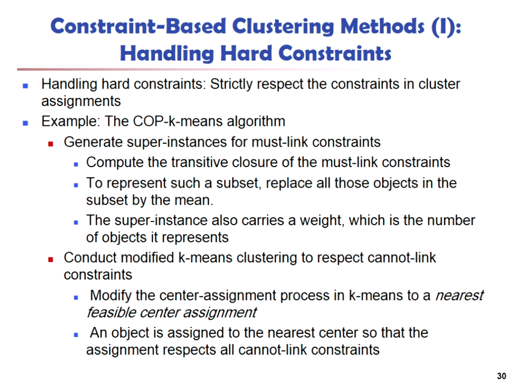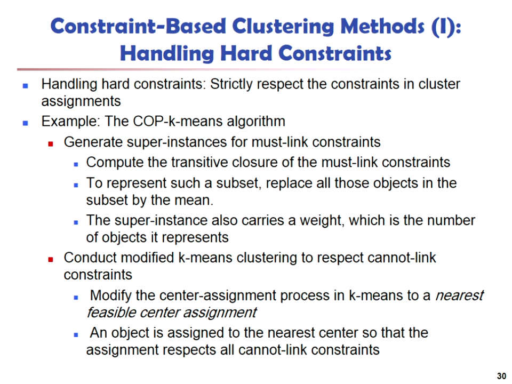So an example of a method that resolves hard constraints is the COP-KMeans algorithm. This algorithm generates super instances for must-link constraints.